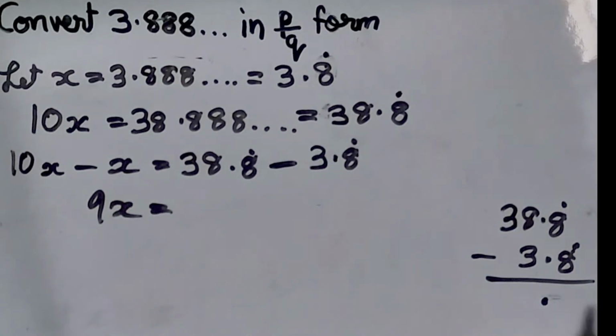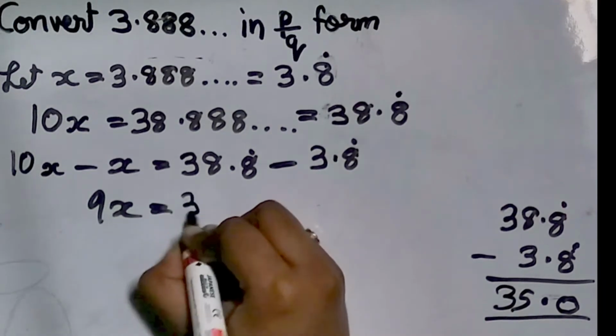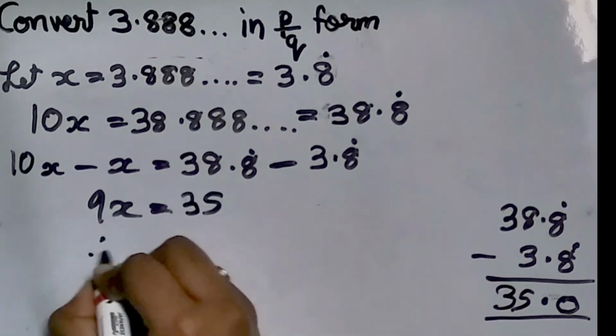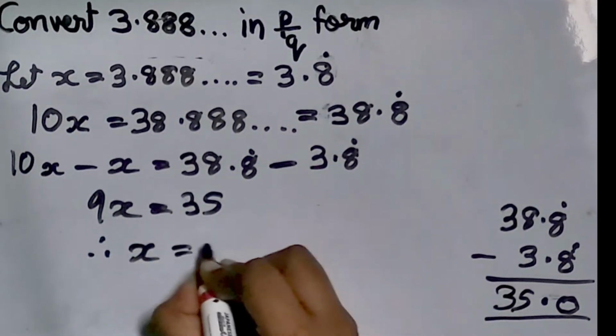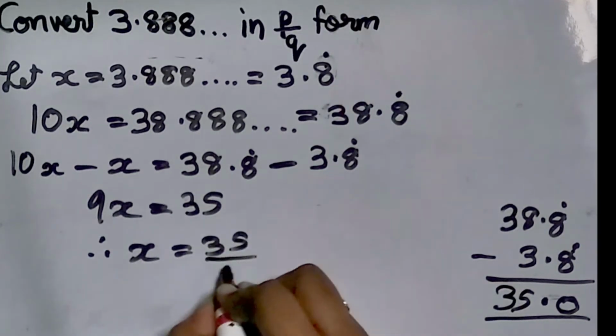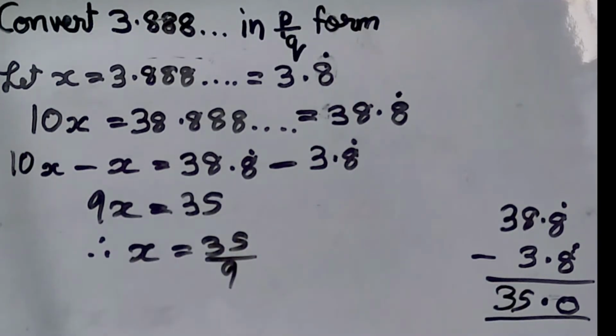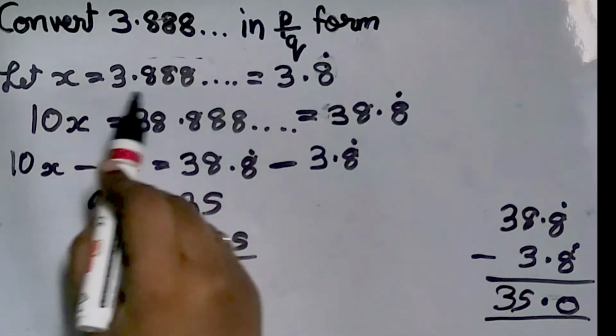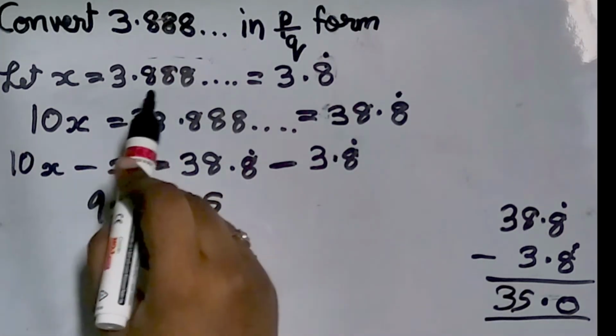Now 8 minus 8 will be 0. Here we will get 0. And here 38 minus 3 will be 35. So 35.0, that is 35. Therefore 9x equal to 35, so x equal to 35 upon 9. Now what is the value of x? x is 3.888 recurring.